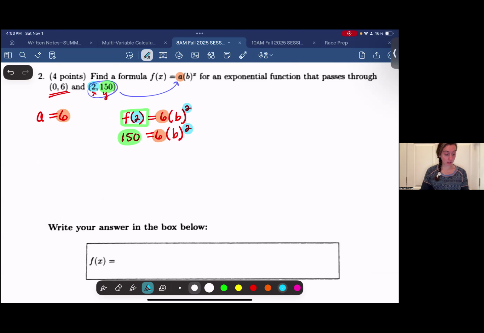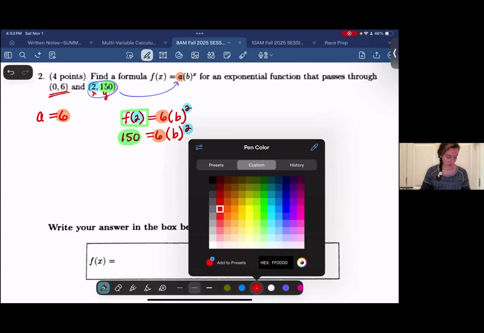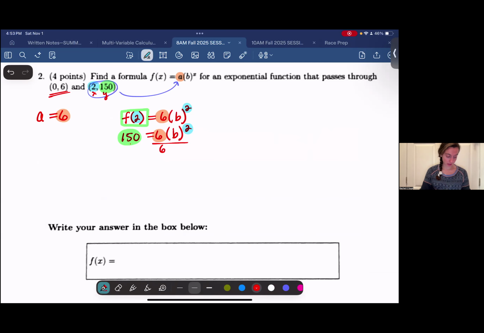Okay, so now let's solve for our b. Inverse operations tells us we're going to go ahead and divide both sides by 6. And 6 goes into 150. Let's see. We know that 6 times 20 is 120.